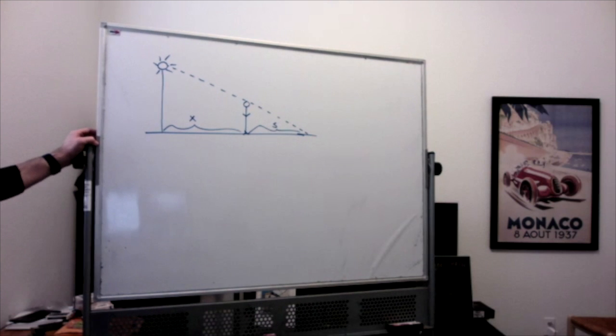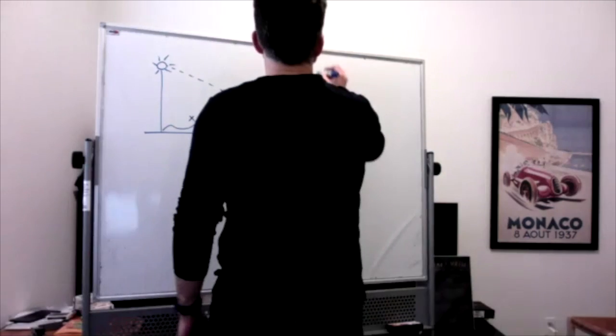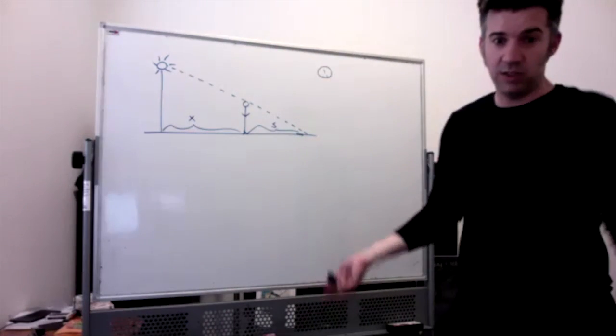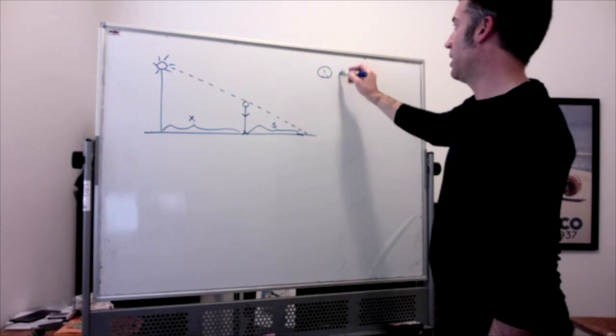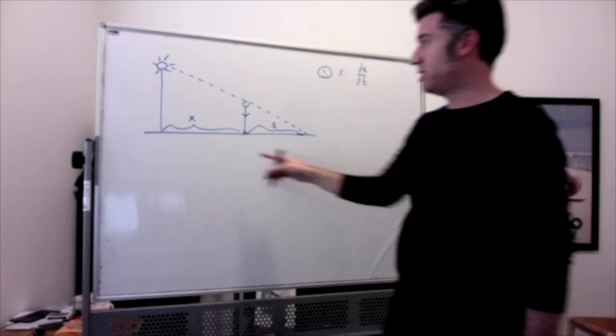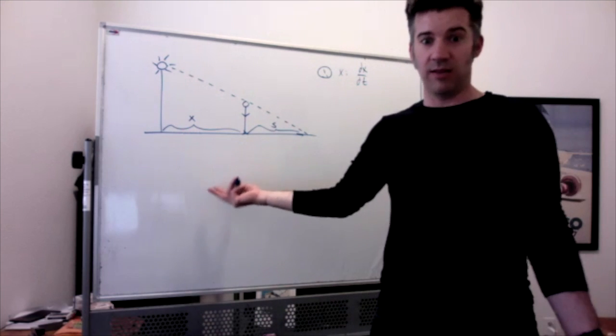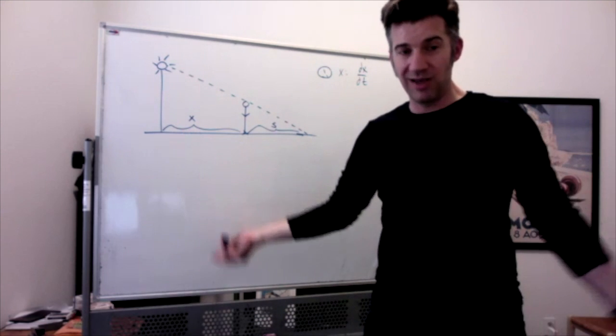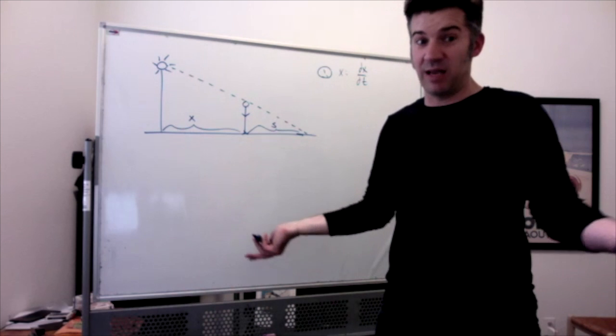All right. And now let's identify. So what's changing? X and S. X is changing. I know that dx dt. So dx dt is how the distance between me and the lamp is changing. It's the same as how fast I'm walking.